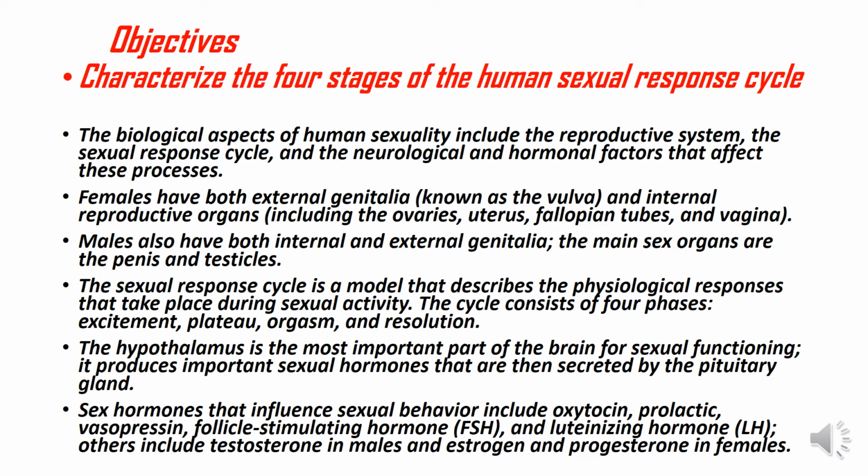Second, females have both external genitalia, known as the vulva, and internal reproductive organs, including the ovaries, the uterus, fallopian tubes, and the vagina. Males, my dear viewers, also have both internal and external genitalia. The main sex organs are the penis and testicles.